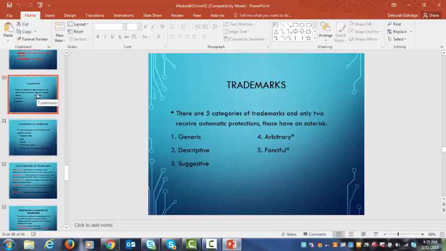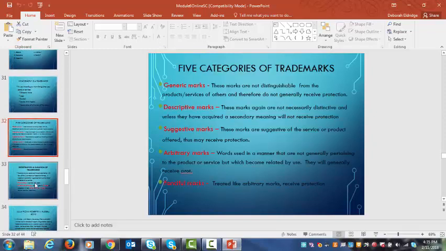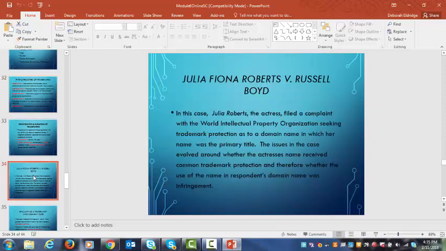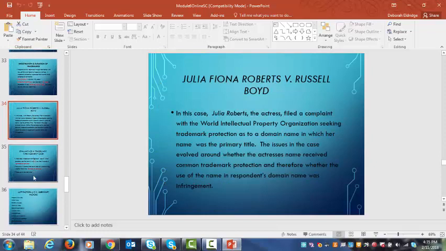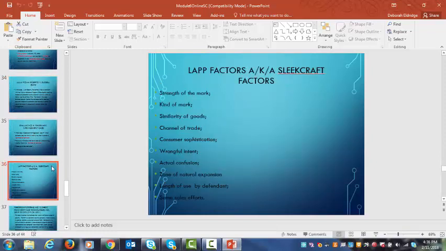Now, I'll also talk about trademarks, and there are 5 categories of trademarks, only 2 of which receive automatic protection, and those 2 are arbitrary and fanciful. Next page defines those different categories, so you want to pay attention to that and understand that a trademark is different from a copyright.